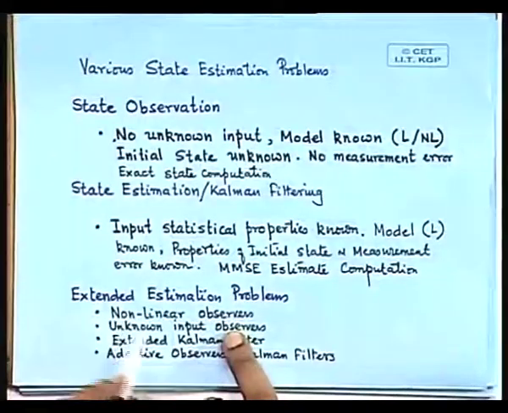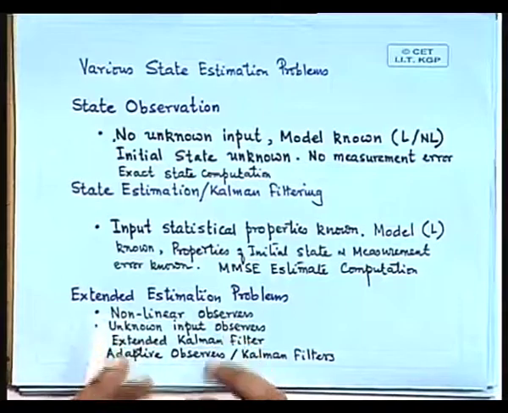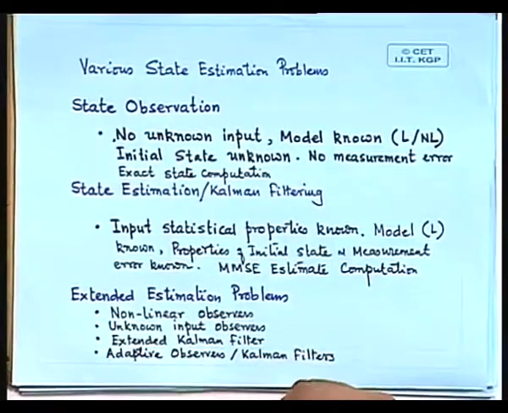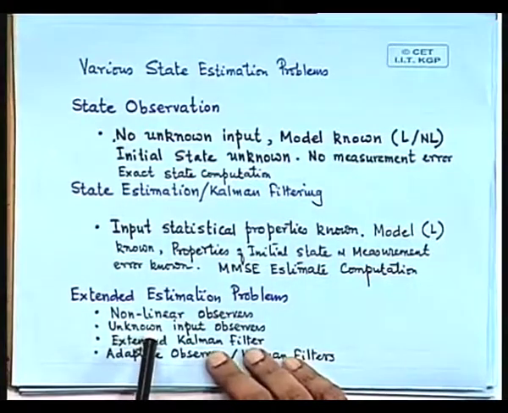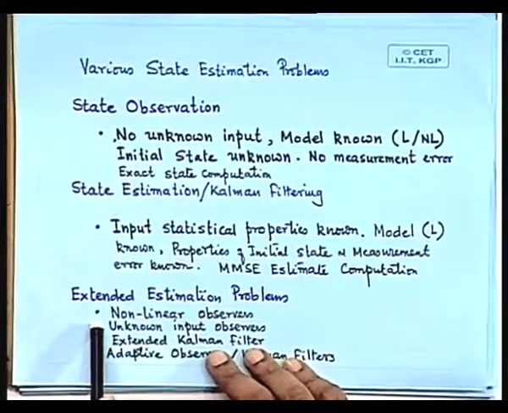Sometimes we make unknown input observers, sometimes we try to estimate the input separately because they are unknown. This is another class of estimator where a significant input which is not probabilistically described is assumed to exist.